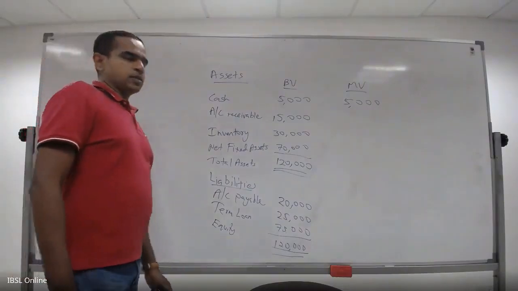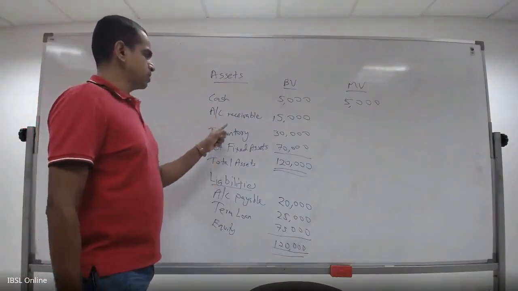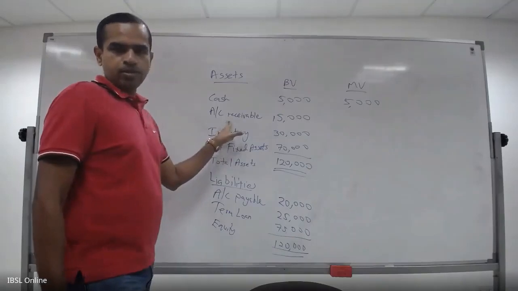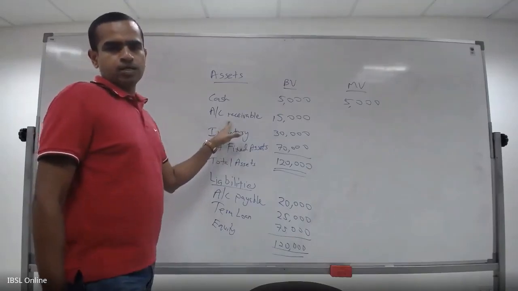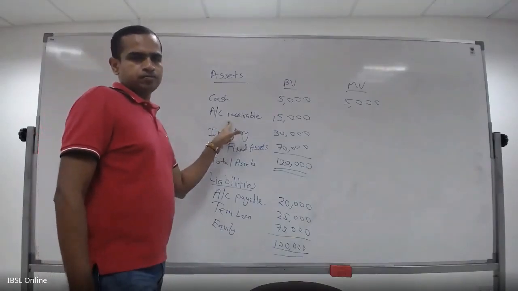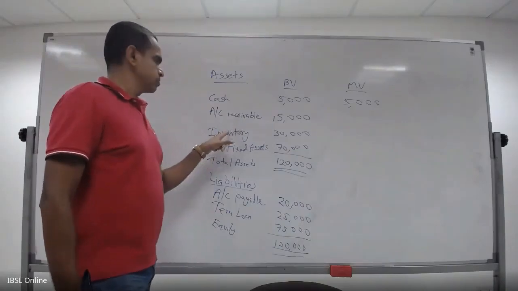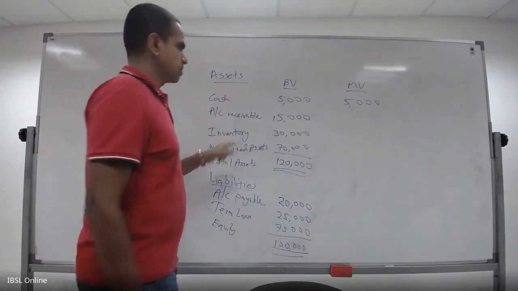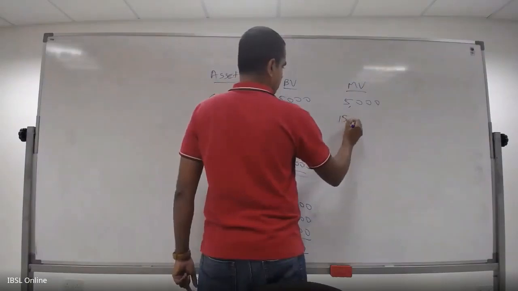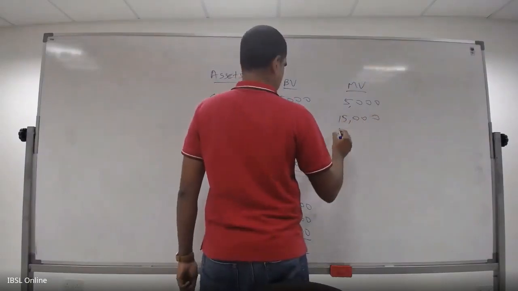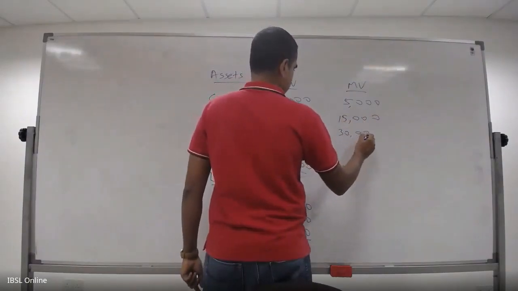Market value of inventory and accounts receivable are as reported. Actually, this remains at 15,000. Inventory remains at 30,000.